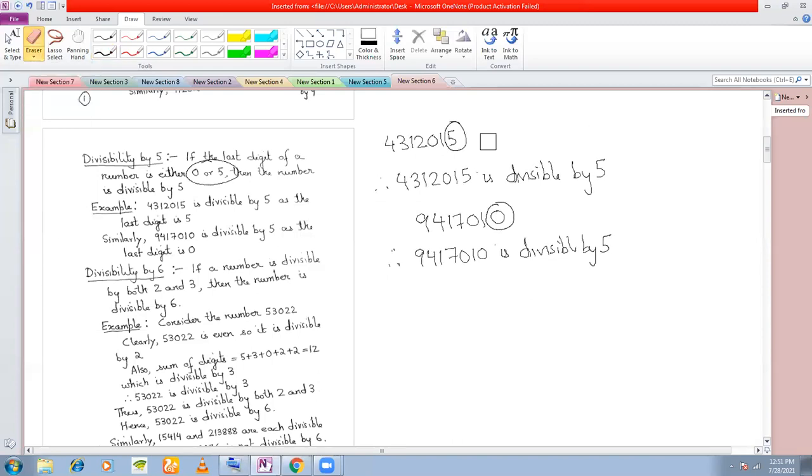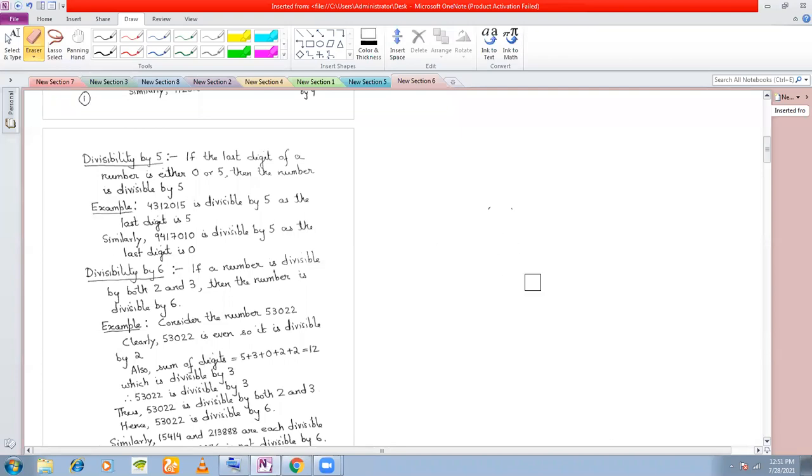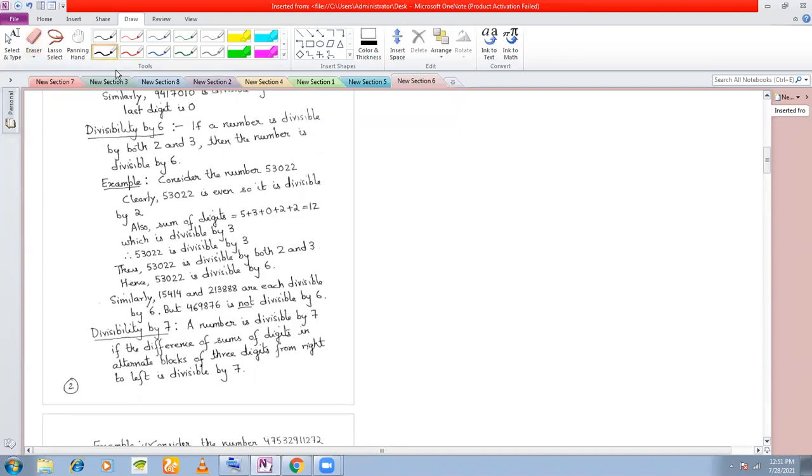Next, divisibility by 6. When is a number divisible by 6? The number is divisible by 6 if it is divisible by both 2 and 3. If the number is divisible by both 2 and 3, then we say that the number is divisible by 6. If you see that the number is divisible by 2 but not by 3, then you cannot say that it is divisible by 6. Or if the number is divisible by 3 but not by 2, then you cannot say that it is divisible by 6.